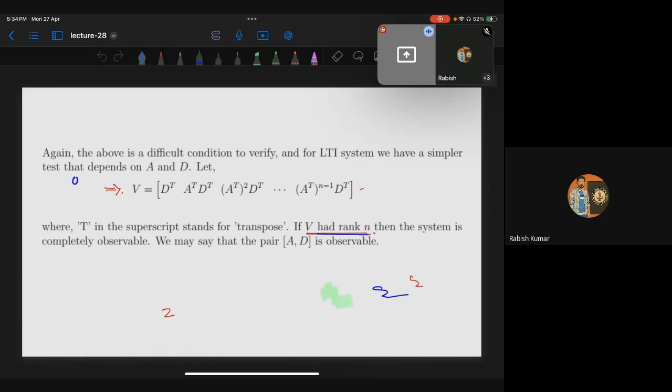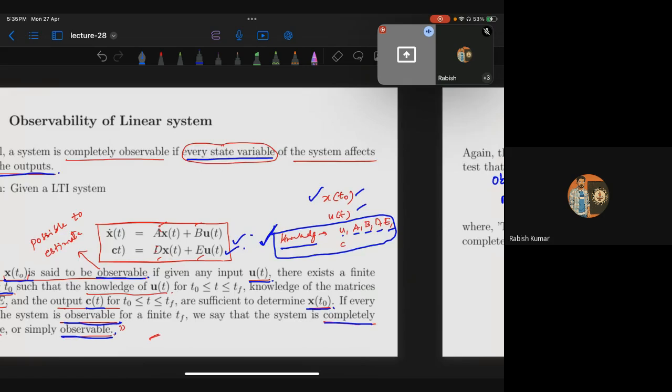Similarly, observability also has a rank condition. This V is called the observability matrix. V is D transpose, A transpose D transpose, and so on up to A transpose to the power N minus 1, D transpose, where A is the system matrix and D is the output matrix.